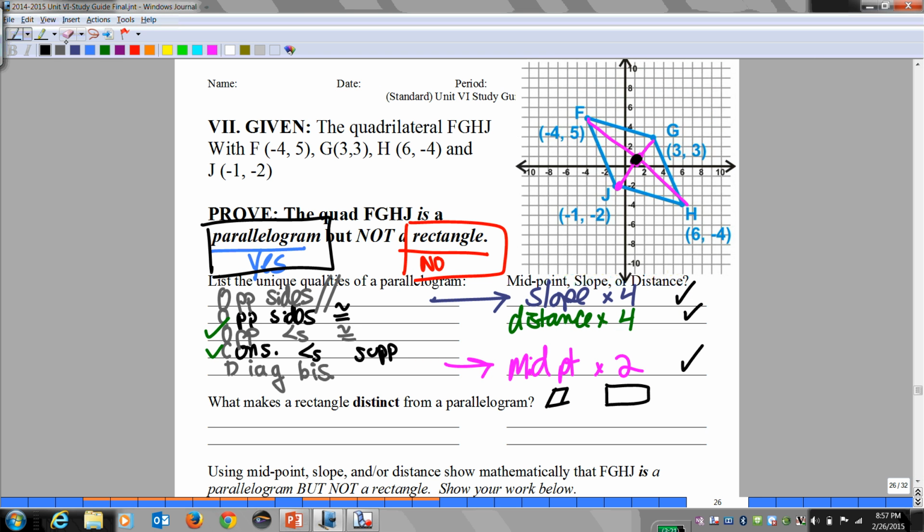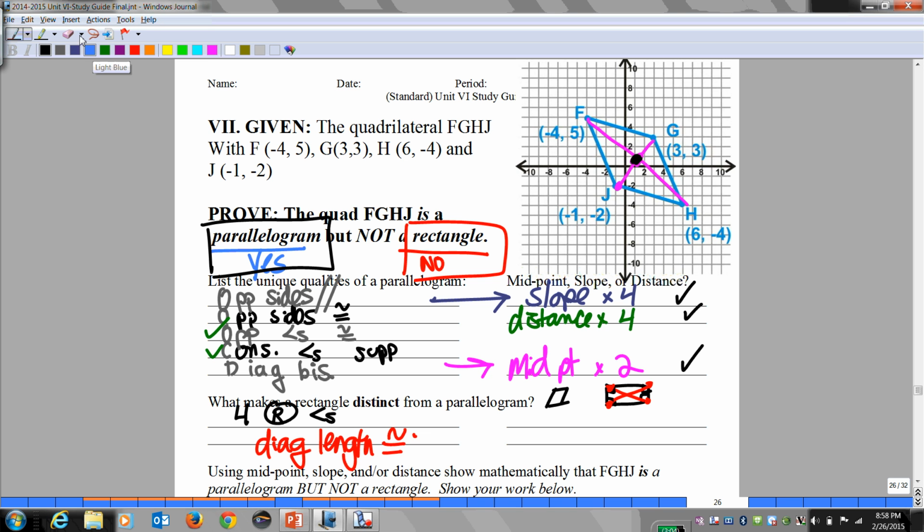One is that, of course, we have 4 right angles in the corner. 2, the diagonal lengths in a rectangle have the same length. So the diagonal lengths are congruent.